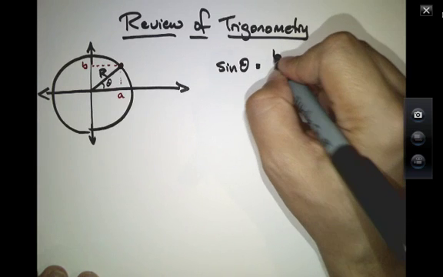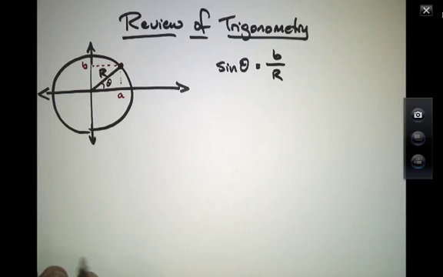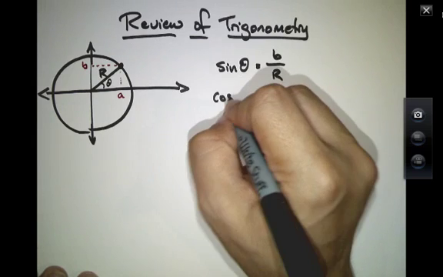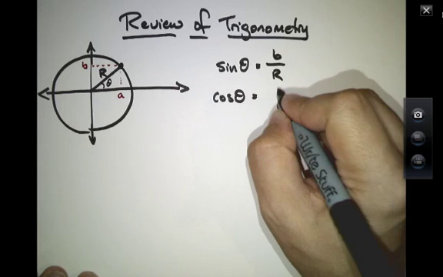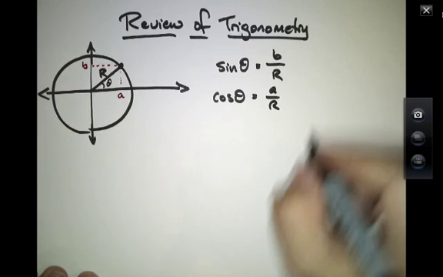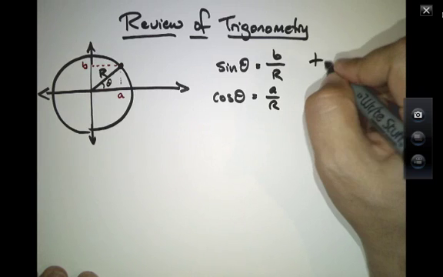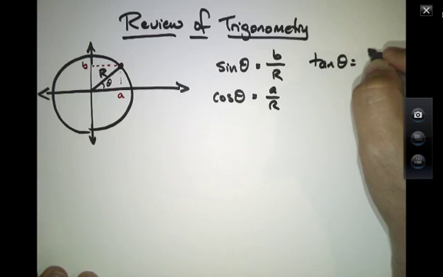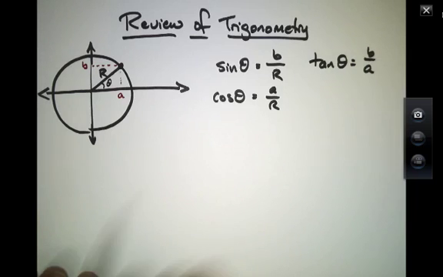It's defined as b over r. The cosine of this angle is defined as a over r. The tangent of this angle is b over a.